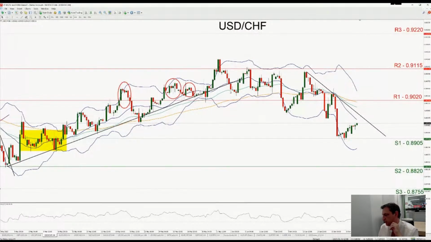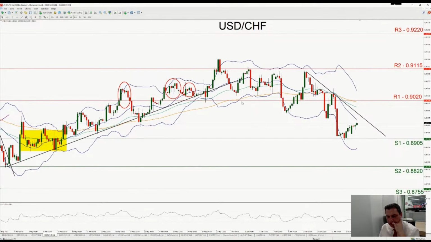Hence, we would require for a bearish outlook the price action to drop, break the 0.8915 in order to mark a lower trough on this one. Note that we had 1, 2, 3, 1, 2, 3. This should be the fourth. Hence, the next trough should be below the S1, and start aiming for the 0.8820.